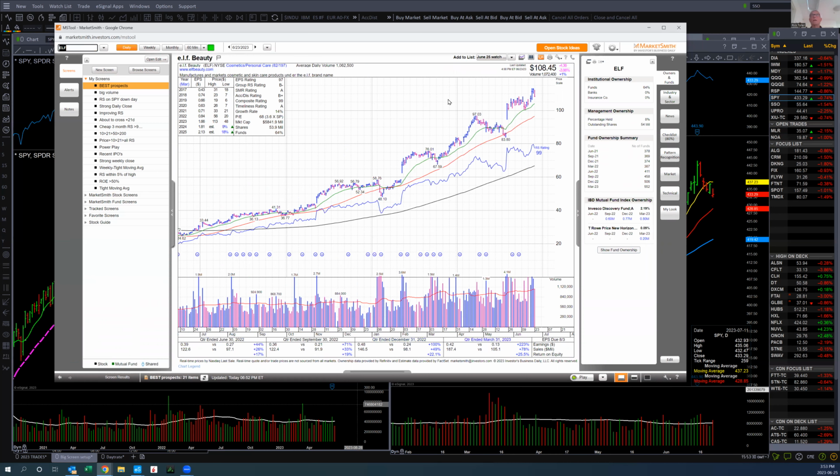I'm not really looking at the fundamentals, because I already know that the screen is only looking for companies that are really growing. For example, this one: in the last quarter, its earnings were up 223%. The previous quarter was up 100% over the previous year, 71%.